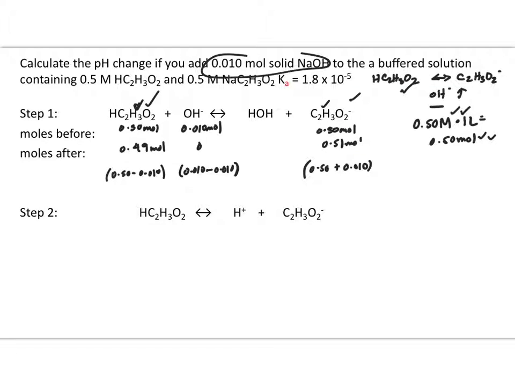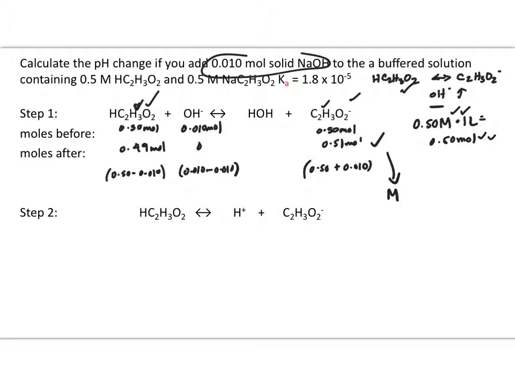Now we're going to use this information to do step 2, which involves equilibrium approaches. Again, we're still assuming that we have a 1 liter solution. So what we need to do with these values is convert them back into molarity.